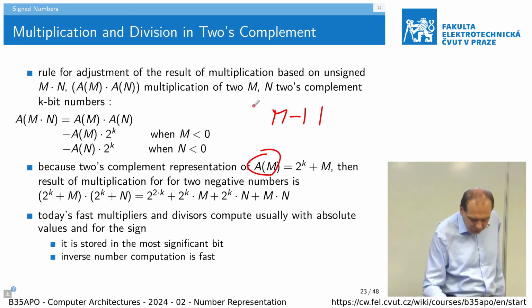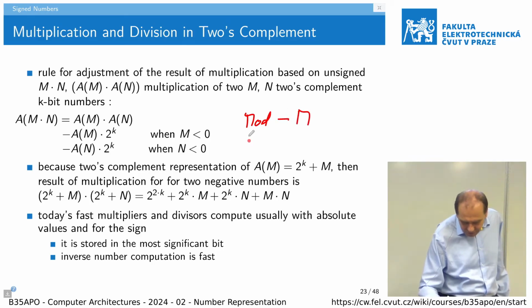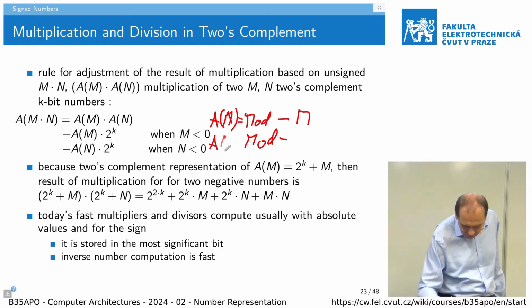So I would write module minus m, and if both are negative, then a is in fact module minus m, and b is in fact module minus n.